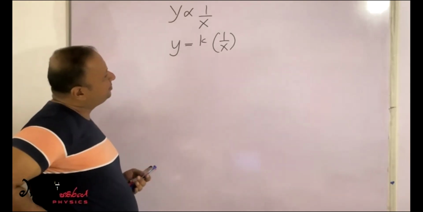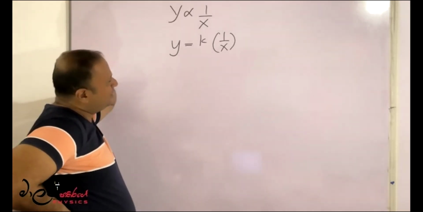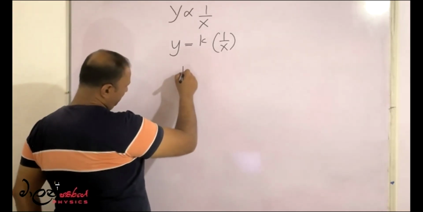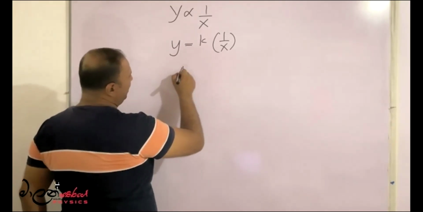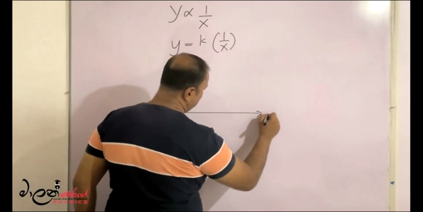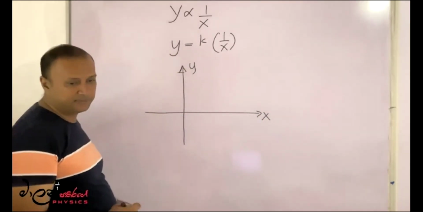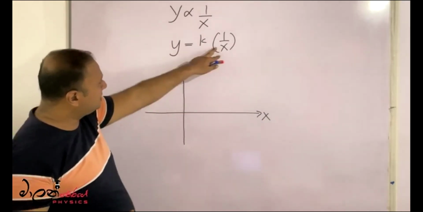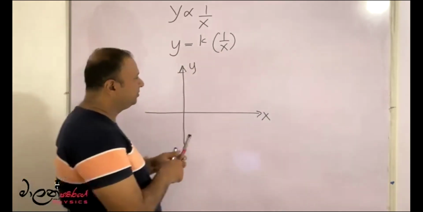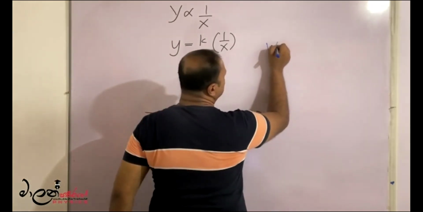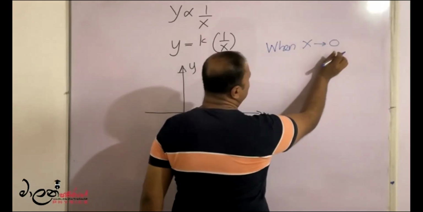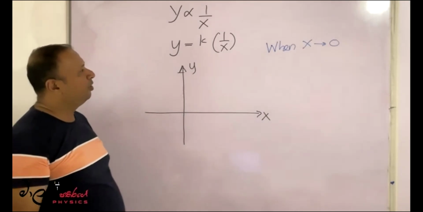Now I can draw the y and x axis here. Suppose when x goes to 0, what will happen?